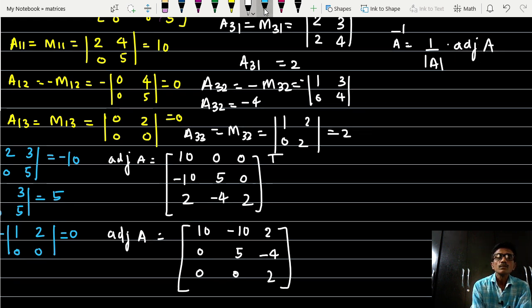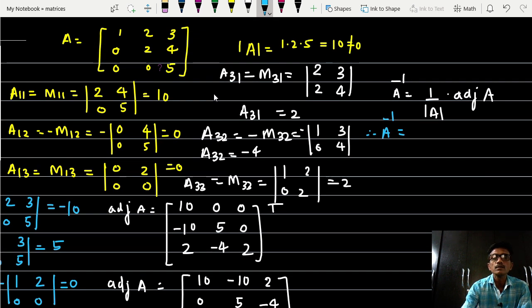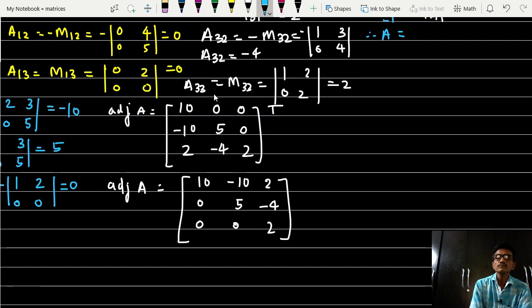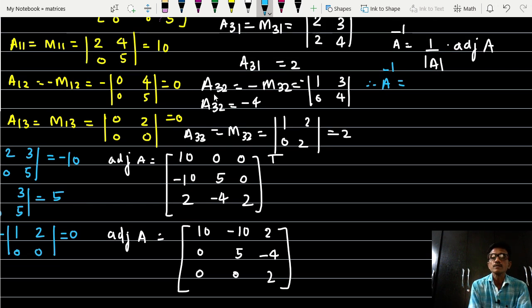So A inverse is equal to, what is the determinant of this matrix? The determinant of this matrix is 10.